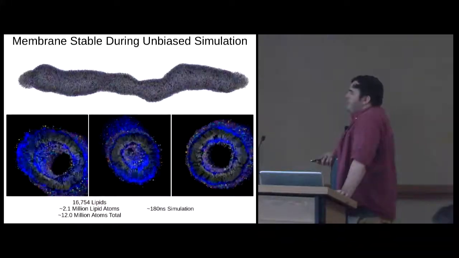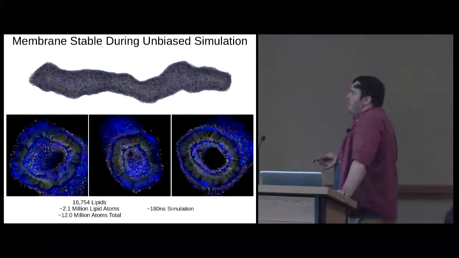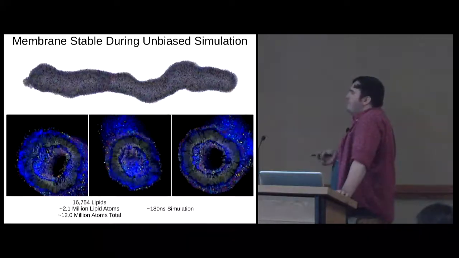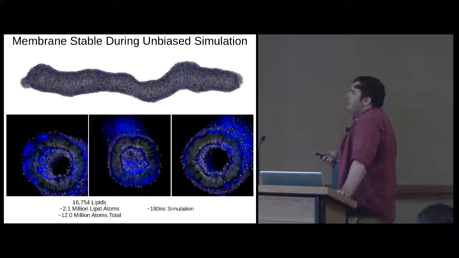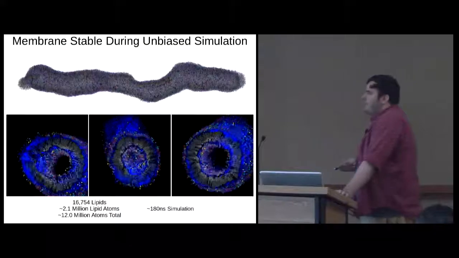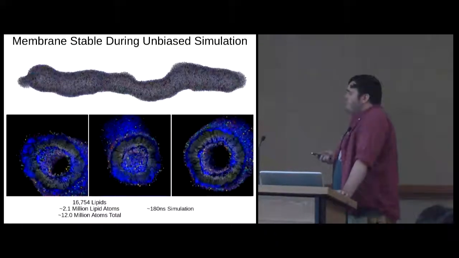So what you're seeing here is that the overall shape of the system, which is composed of about 12 million atoms, this is a 180 nanosecond simulation. Overall, the shape of the system is relaxing, which is expected because there aren't any proteins or anything else there to maintain the curvature of the system.